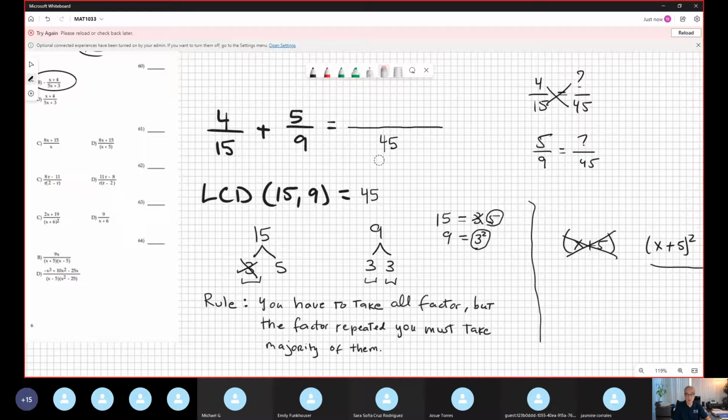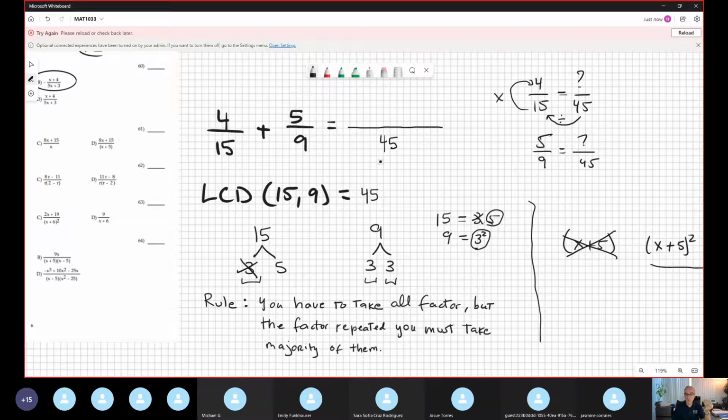It is either way, you multiply and divide, or I prefer division first, that you divide 45 divided by 15. Why do I prefer division first? Because when you divide, you obtain a smaller number, right? 45 divided by 15 is 3. And this 3 times the corresponding numerator, which is 4, is 12.